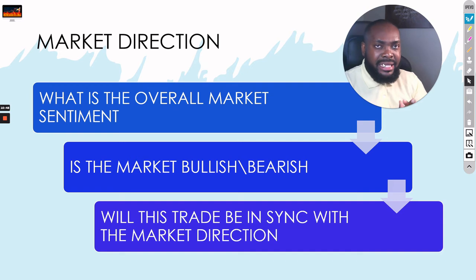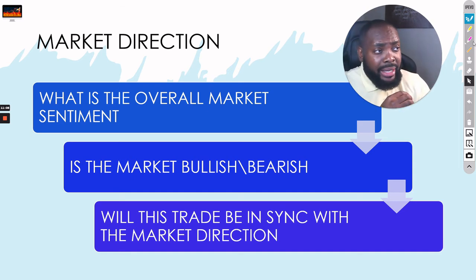So what I'm ultimately saying is that if you are crafting a bullish trade, you would like the market direction to be bullish. If you're crafting a bearish trade, it would be in your best interest if the overall market is in a bearish direction.